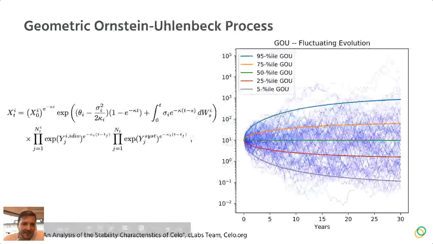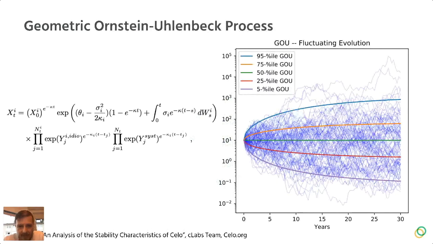Therefore, there's another set of stochastic processes you could use. In contrast to the geometric Brownian motion, the geometric Ornstein-Uhlenbeck process has a stationary distribution, and it converges towards this stationary distribution in time. On the right, you can see the paths of this process, and on the left, you can see the formula of how this process looks.